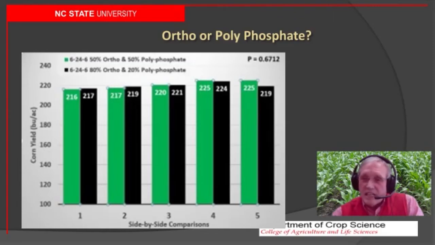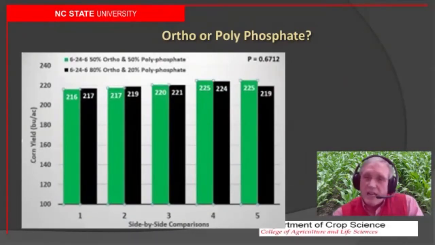Every data set that I can find, particularly recent studies in the last 2 or 3 years, looking at ortho versus poly, and here's one of them, a 6-24-6 that can be blended differently. So there's a 50-50 ortho poly as the green bar and an 80 ortho 20 poly as the black bar. About every study shows not really any difference in corn yield. Their effect in early growth is about the same.